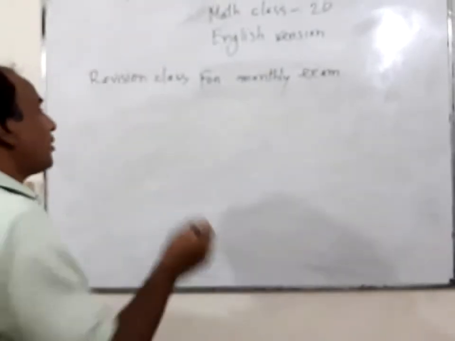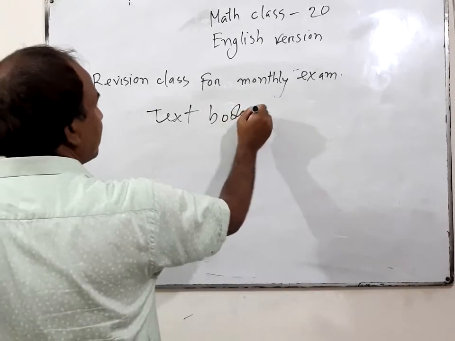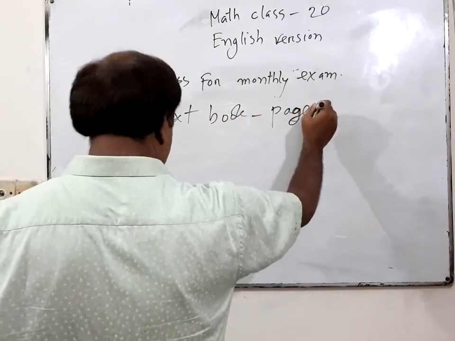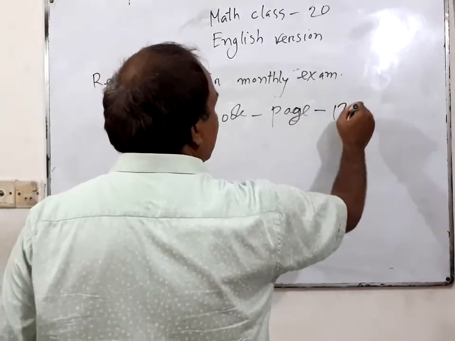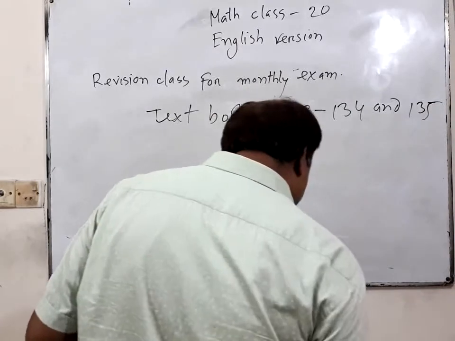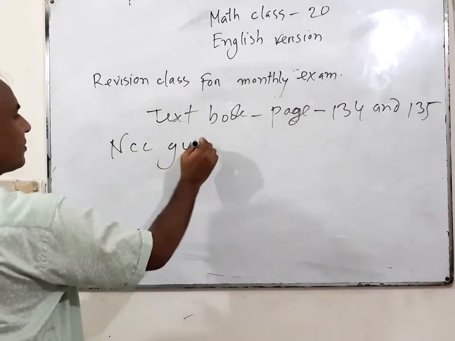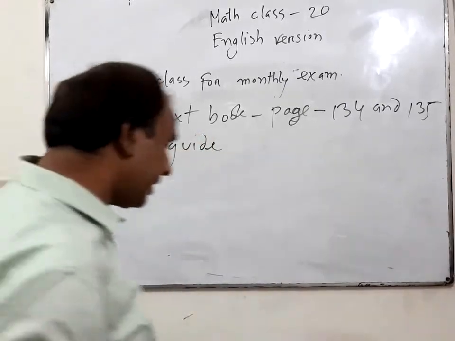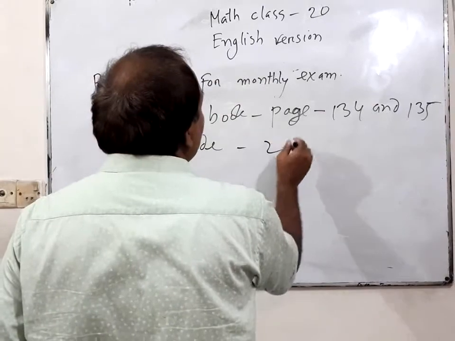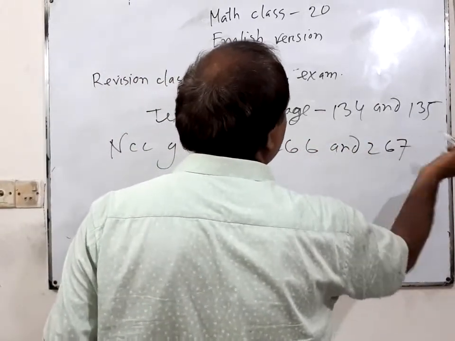In your textbook, see page numbers 134 and 135, and in the NCC guide. The students having the NCC guide can see pages 266 and 267.